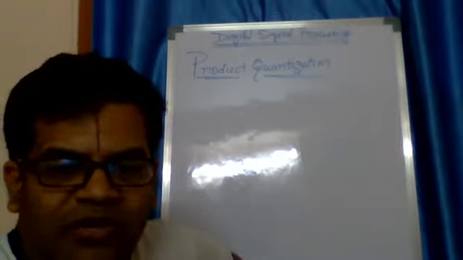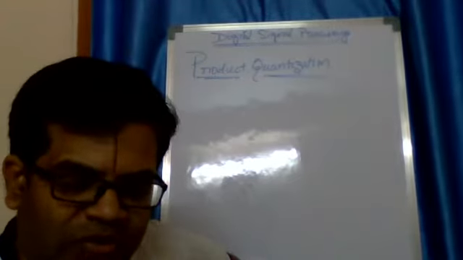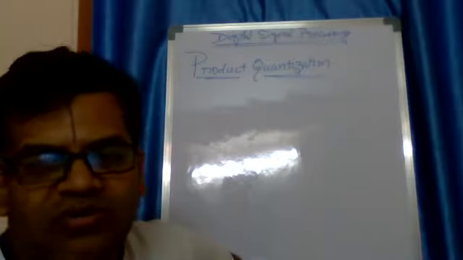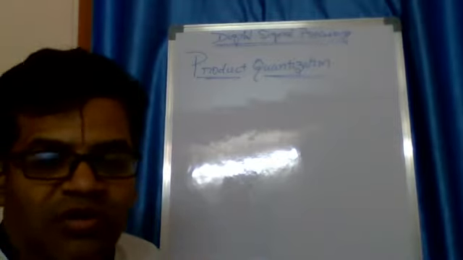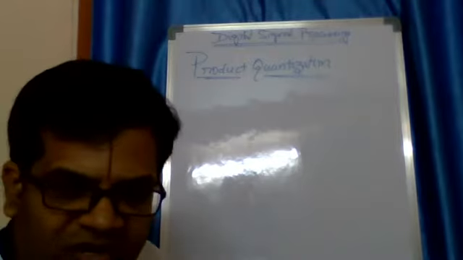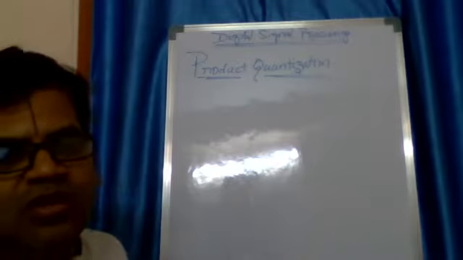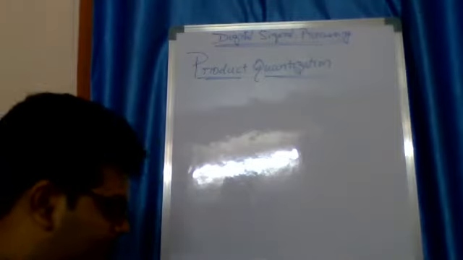Again, I'm repeating, the reason is that the mean value will be 0 and the variance will be minimum with rounding compared to truncation. Hence we follow the rounding process for studying the quantization concept with respect to the product quantization, right?